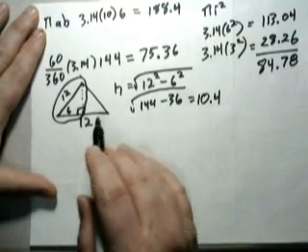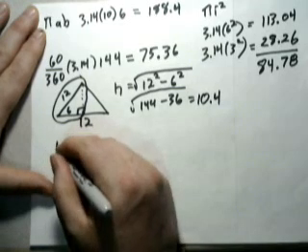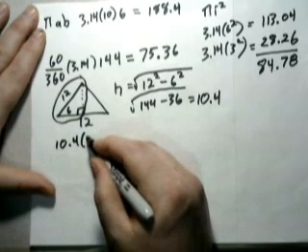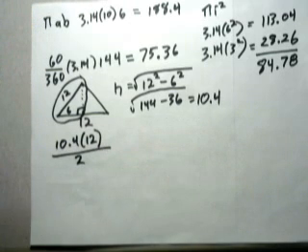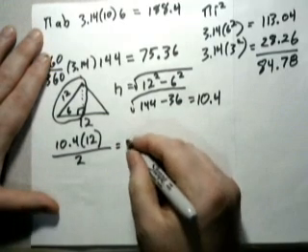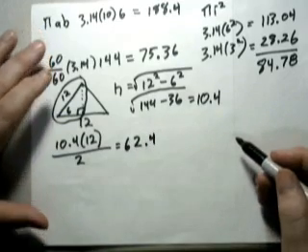Now we know the base and we know the height, so the equation is base times height divided by 2. So 10.4, that's the height, times the base, which is 12, divided by 2 is 62.4. So that is the area of the triangle.